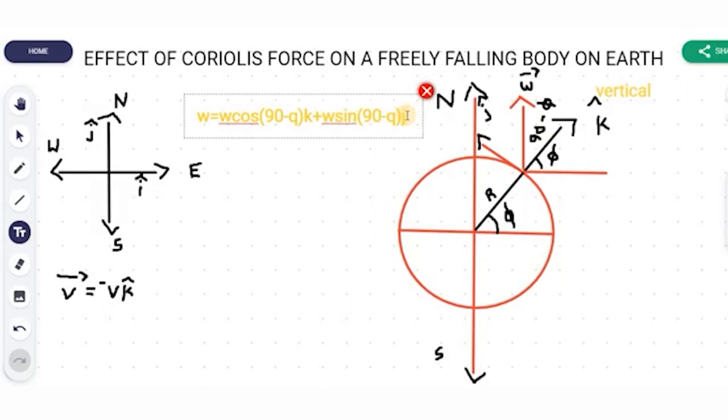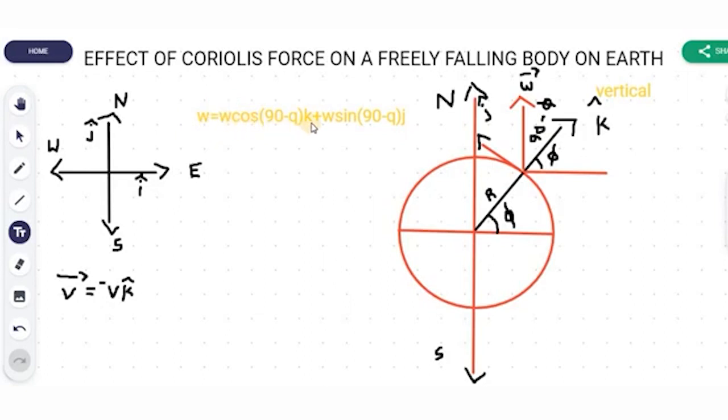It's unit vector, I cannot use those notations, so please cope. This omega is a scalar, and this omega is a vector.